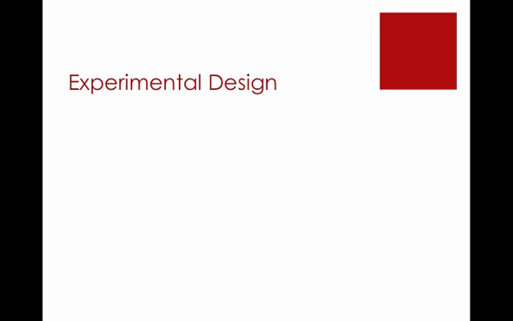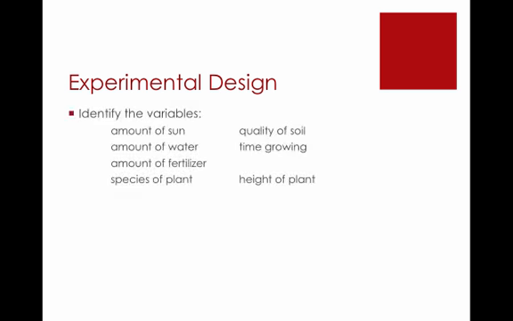So let's talk about some of the results from our experimental design process here. First thing you're going to probably want to do is identify what types of variables we have available to us. What are some things that might affect the behavior of these plants? I've got a brief list of them here, but this is by no means exhaustive. There could be plenty of other options. For example, if you change the amount of sun each plant gets, that would affect how much they grow.